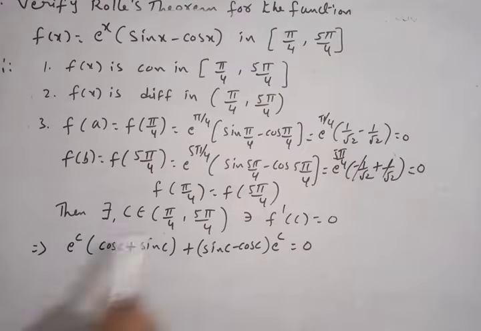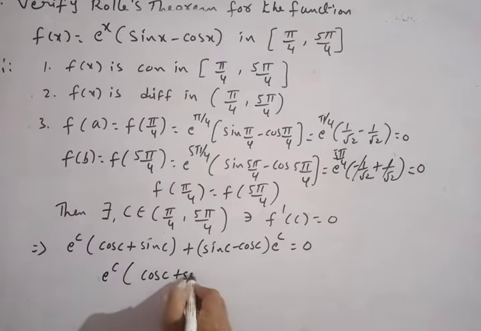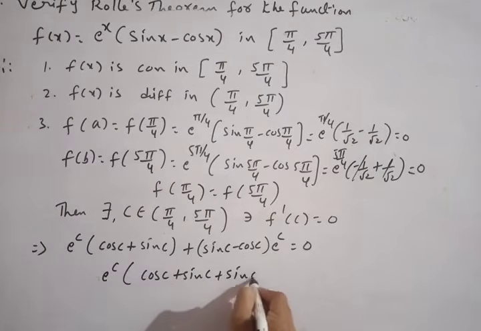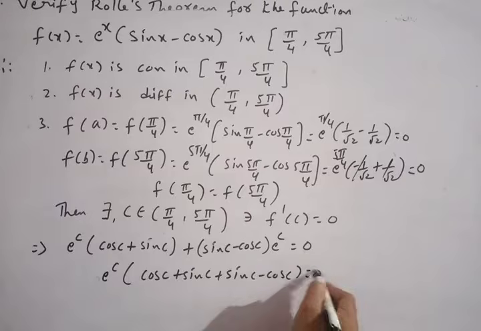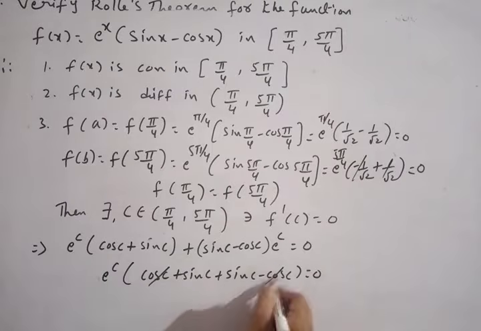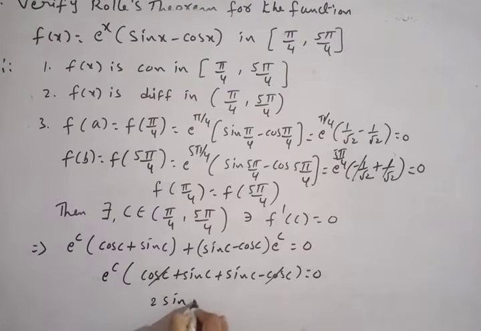So from these terms, if I take e power c common, what I get here? Cos c plus sin c minus cos c is equal to 0. So cos c and cos c got cancelled, right? So therefore, what I get here? 2 sin c into e power c is equal to 0.